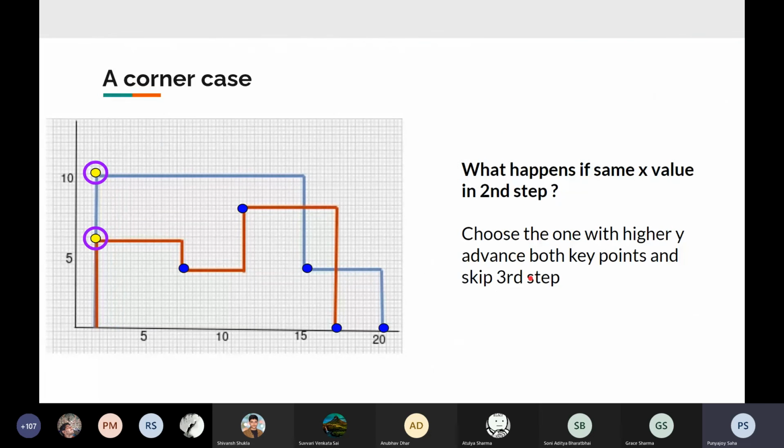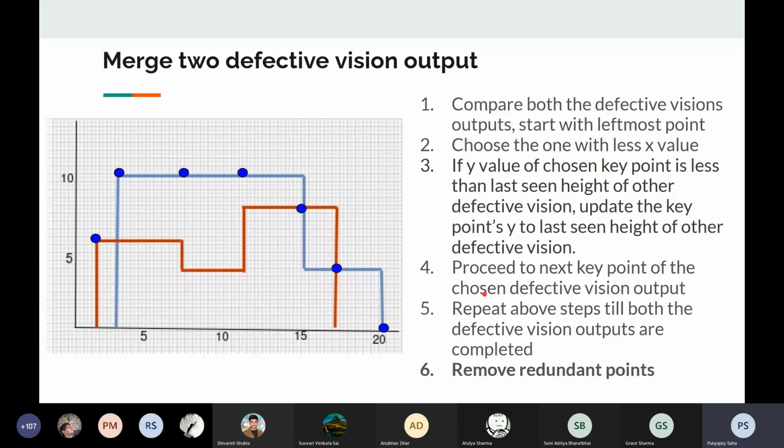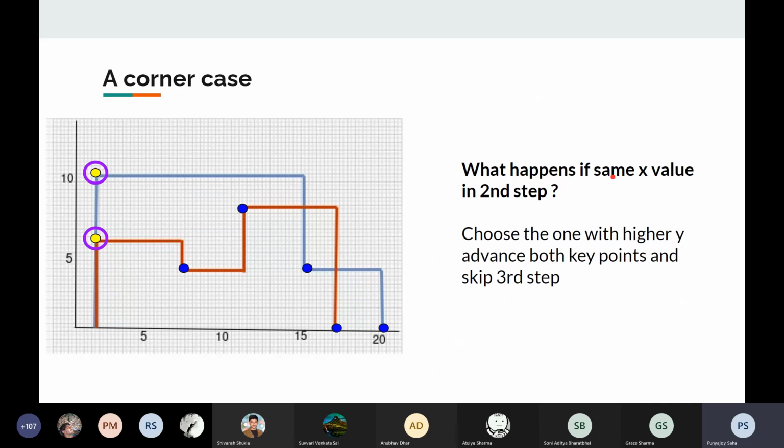Should we skip the second step? The second step is: choose the one with less x value. So we do not need to do this step, and we can directly choose this point and then compare, then do the third step. But one of the key points is that you have to advance both the key points so that we do not check this yellow point again. I think the second step should be skipped.